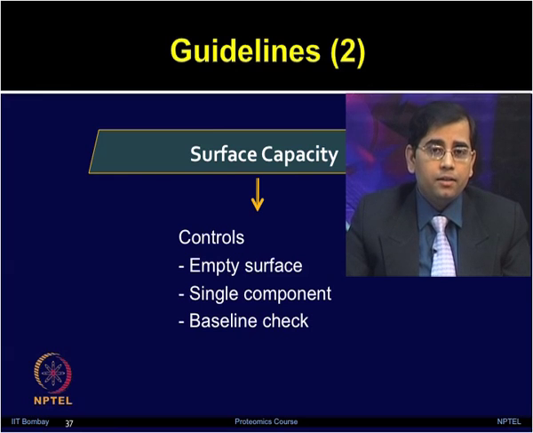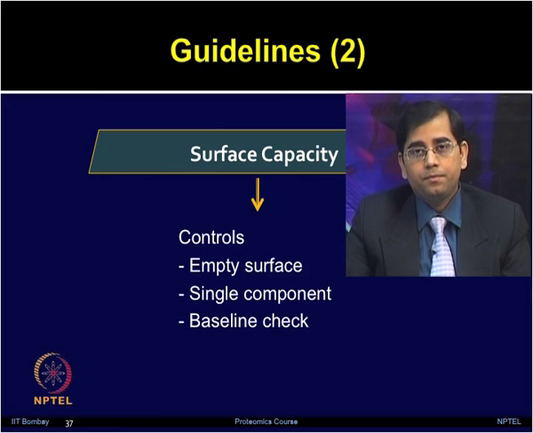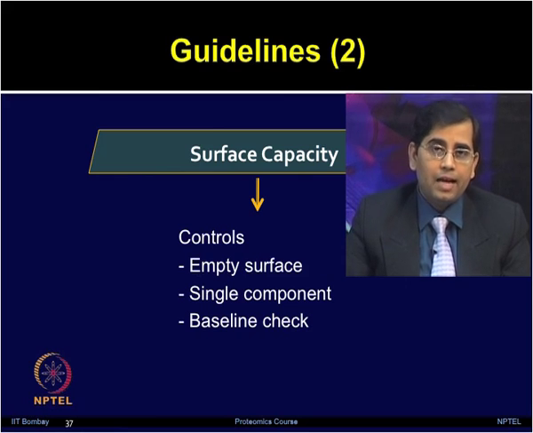So, initially the running buffer should be injected at the beginning of starting any experiment, and the baseline should be completely flat, as you have seen in the SPR sensorgrams as well.